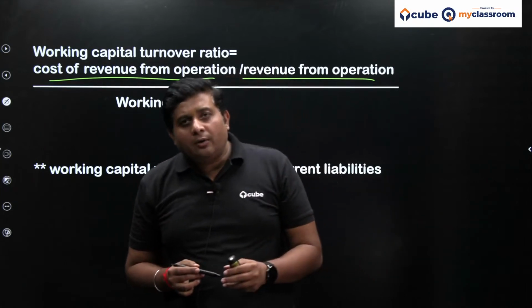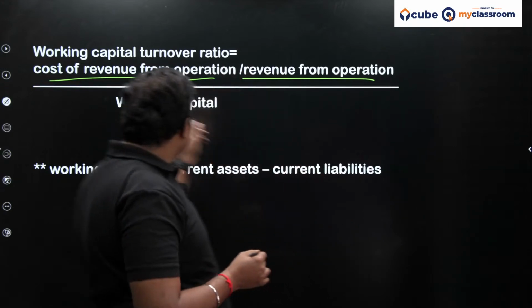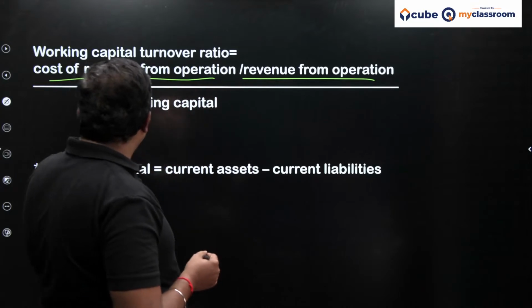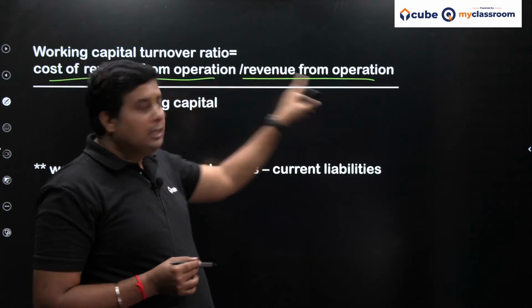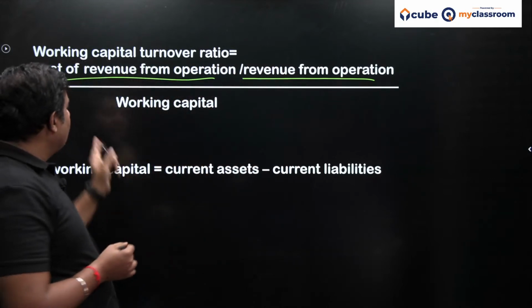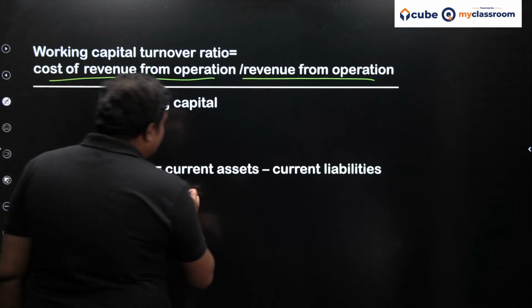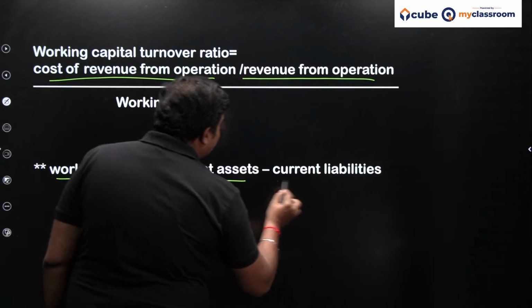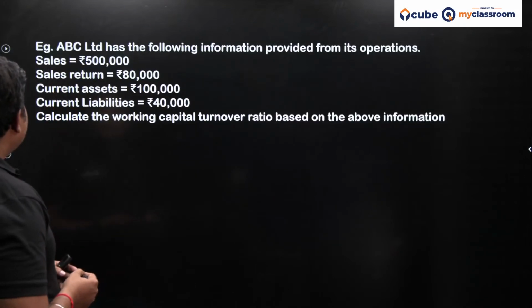At that point we can take the help of revenue from operation. That is why I have given you both formulas, but priority number 1 is cost of revenue from operation, upon working capital. When I say working capital, I have already made clear that it is current assets minus current liabilities.